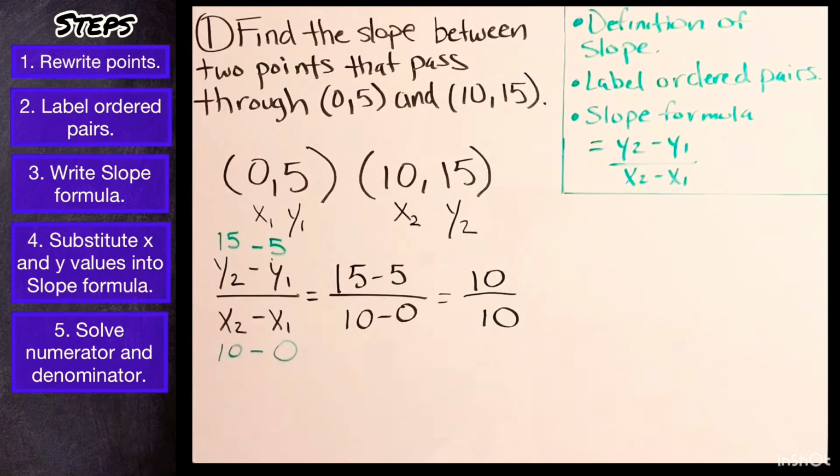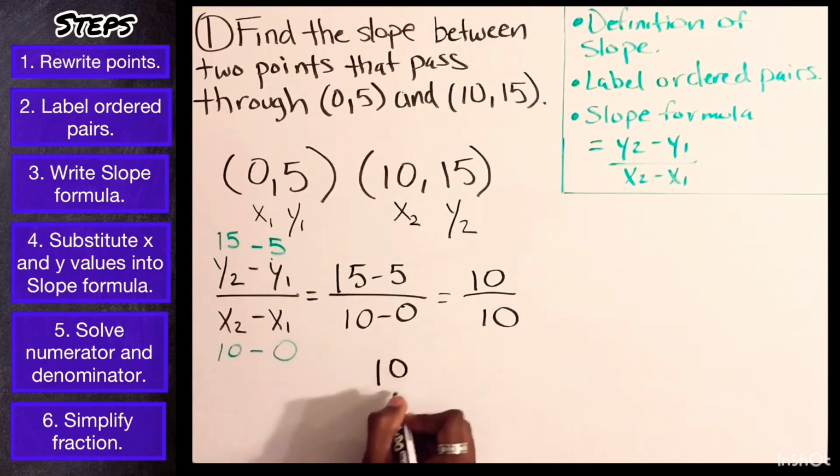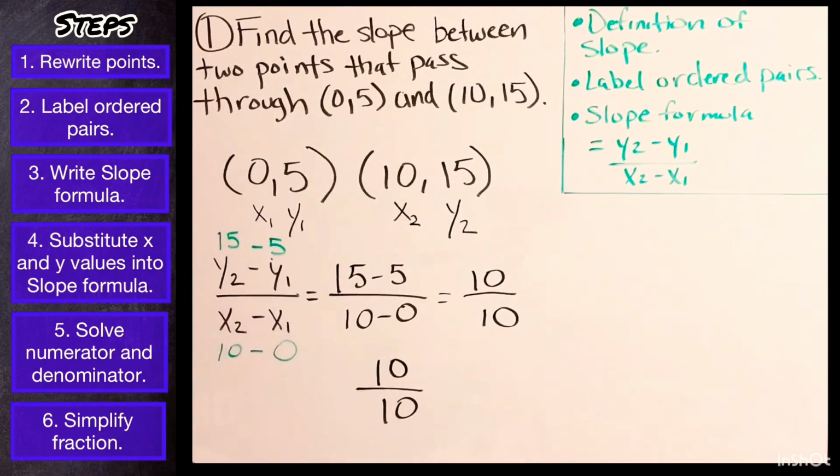In many classes, they actually want you to simplify your fraction. How do you know what to do in order to simplify the fraction? Well, I put it to you like this. If there's any number that goes into both the numerator and the denominator evenly, then you can use that number to simplify your fraction. So let's just put 10 over 10. The number that can go into both the numerator and the denominator evenly is obviously 10.